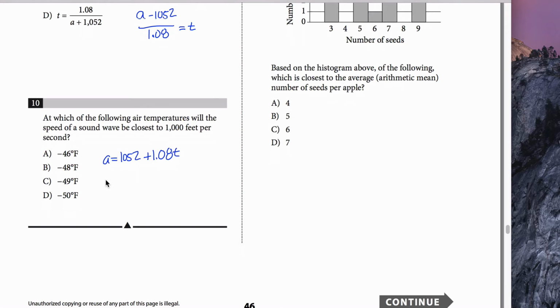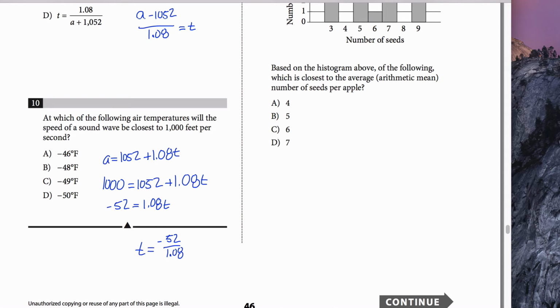Another way you could solve this problem is you could set your speed, the A, equal to 1,000 and solve this equation. So you can subtract 1052 from both sides of the equation, and then you divide by 1.08, and you'd get negative 52 divided by 1.08.